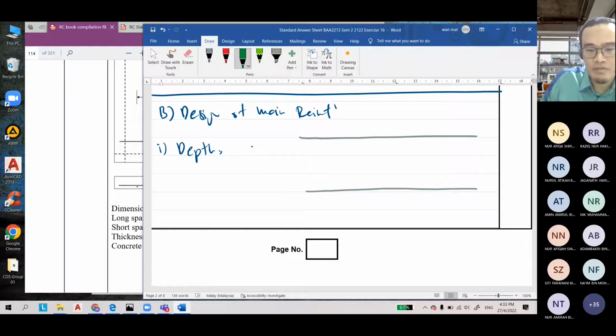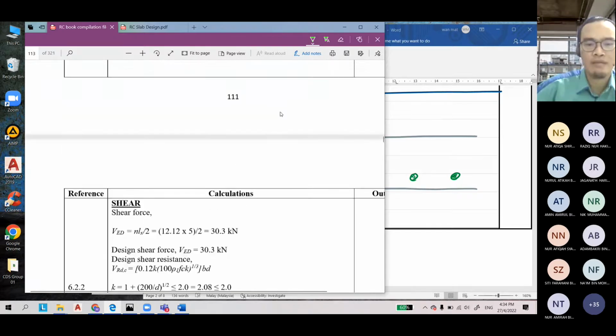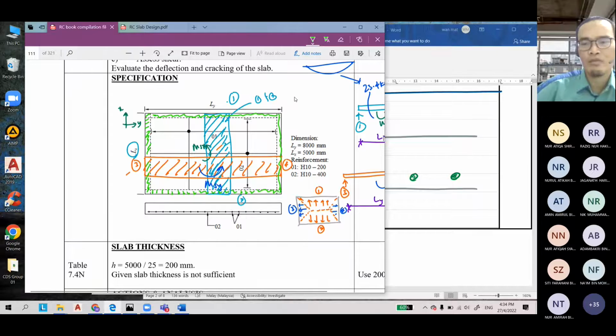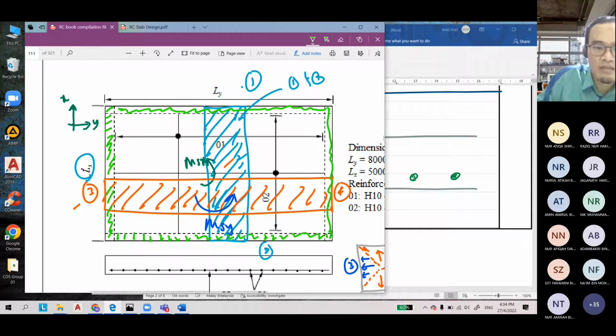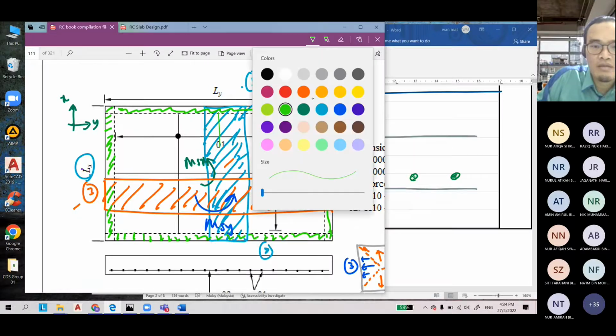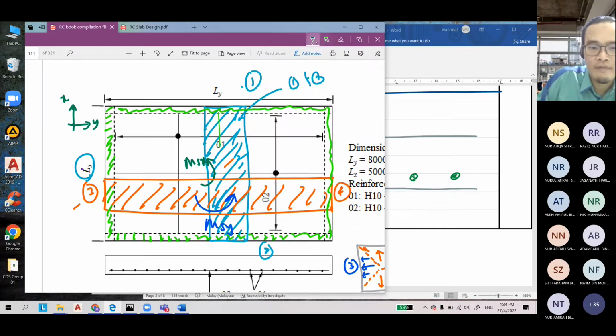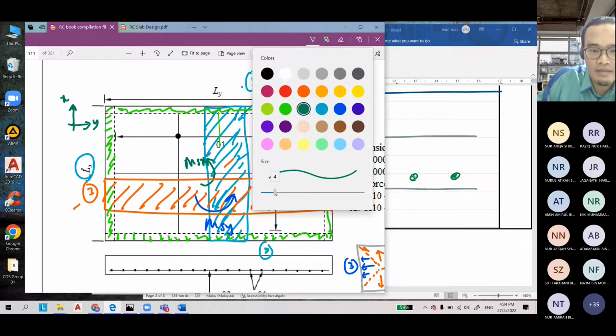This is the reinforcement for the x direction, which is the shorter. We put it at the bottom. Sometimes in the drawing there will be BB, bottom, and then BT, bottom top. The reinforcement should be like this, the green color.